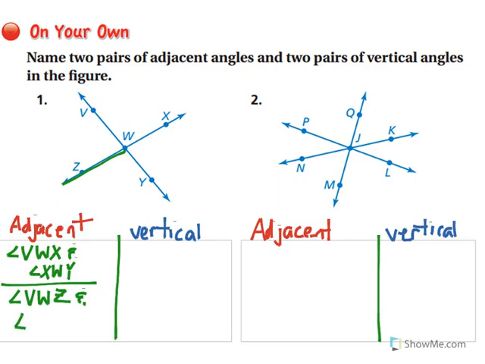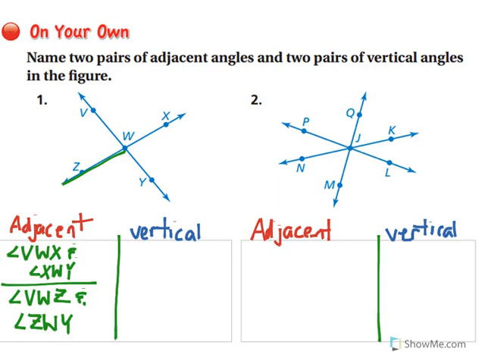So angle ZWY. And again, I want to point out that with these two angles I just showed you, we have WZ and we have ZW. They have a common side. The one before that, we had WX and XW. They have a common side.